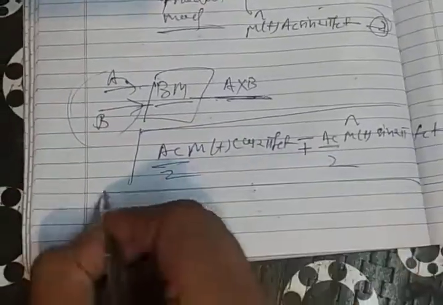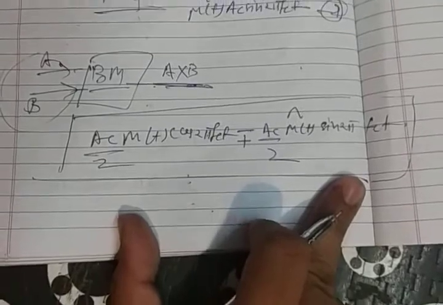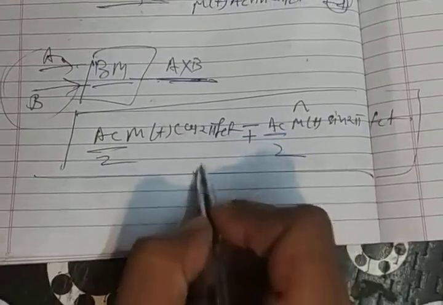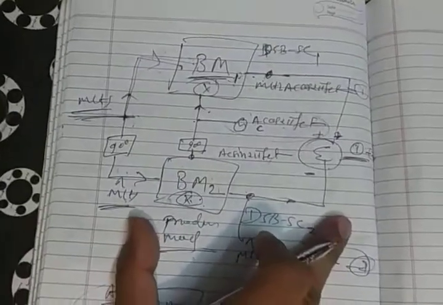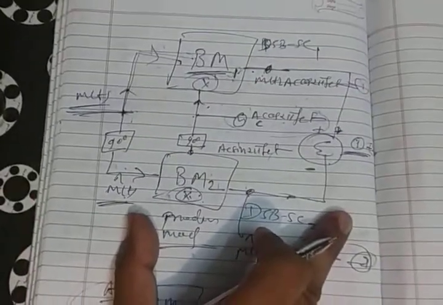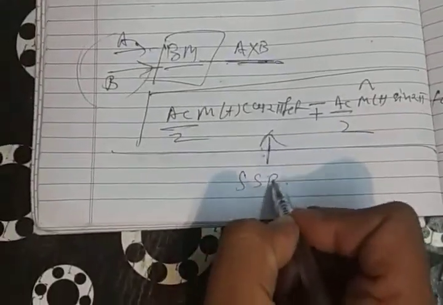This equation is generated by using the phase discrimination method. So this equation is the equation of the SSB-SC signal.